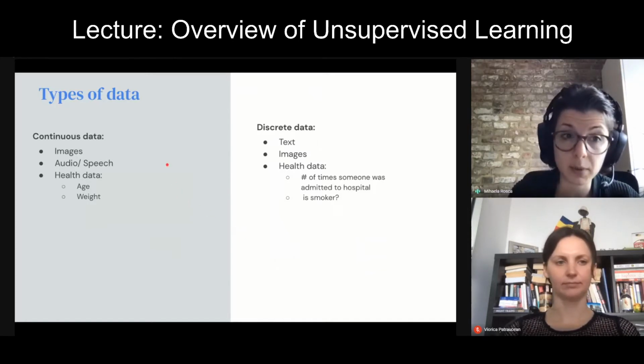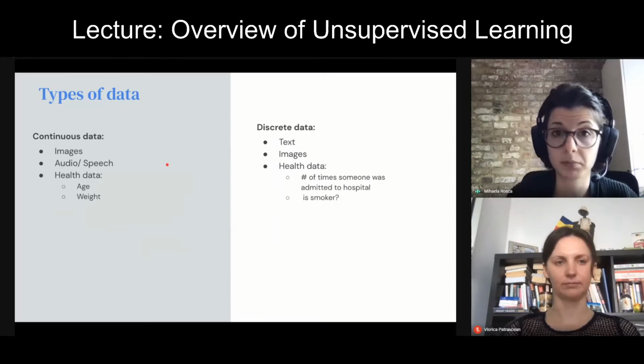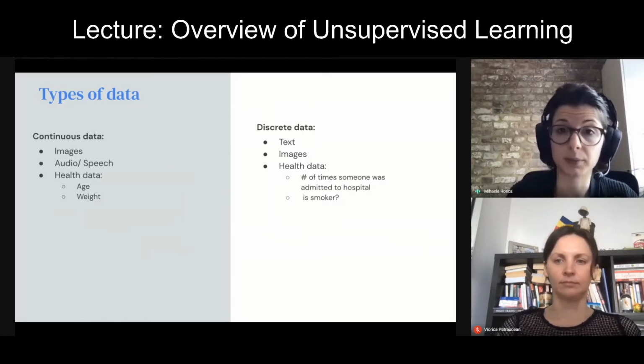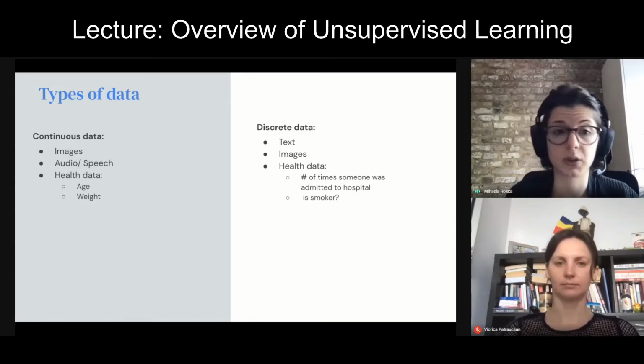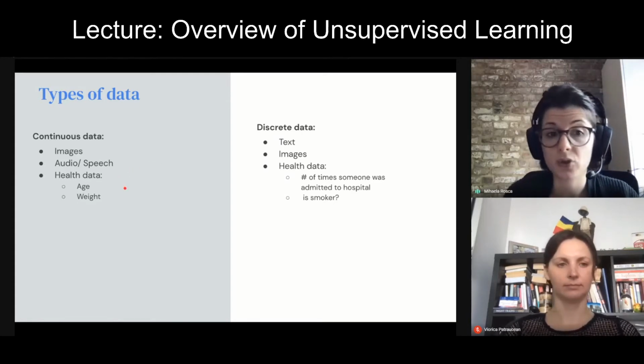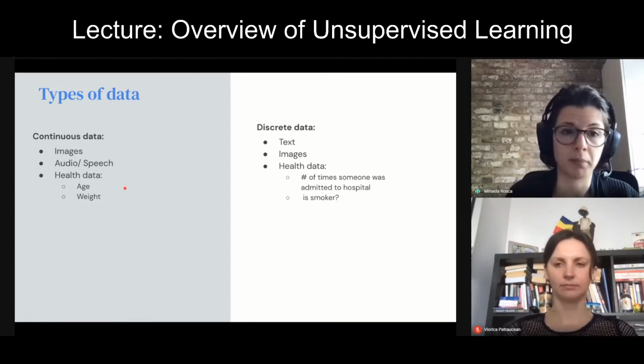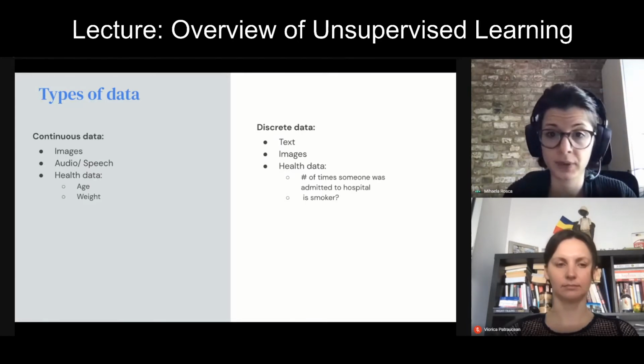So for example, images can be modeled as continuous between 0 and 1, but also as discrete with pixel values between 0 and 255. Then there's also health data that can be continuous or discrete. So for example, someone's age, you can make that a floating point number. It can be something discrete. I'm just going to round to the nearest integer.